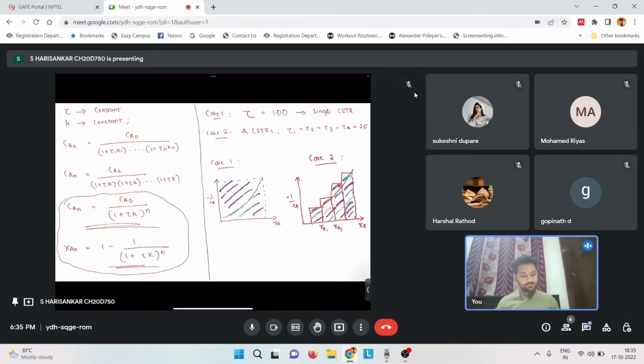Now, another thing that I want to mention is the case 2. Let's take a huge number of CSTRs in series. Let's take an infinite number of CSTRs in series. So what that essentially means is, you'll have a CSTR volume here, then you'll have a volume like this, then a volume like this, like this, like this.